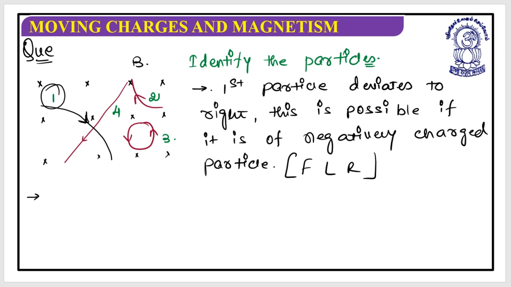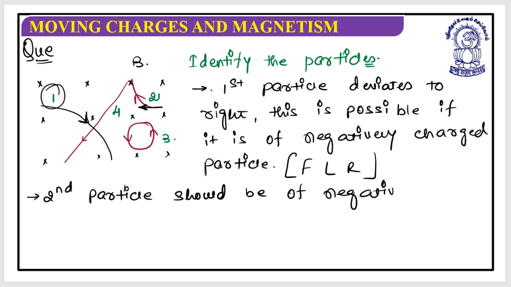If you observe this very carefully, it must have entered in this direction. So this is the magnetic field, and even the second particle should be of negative charge.